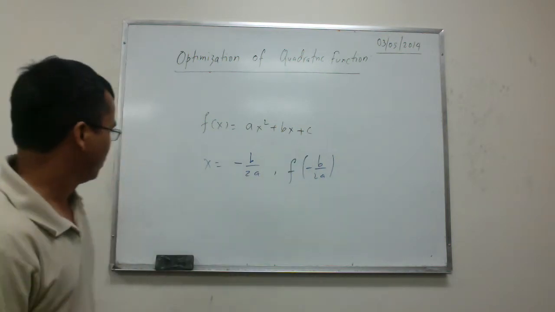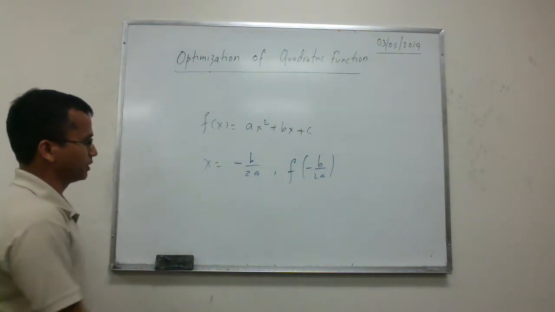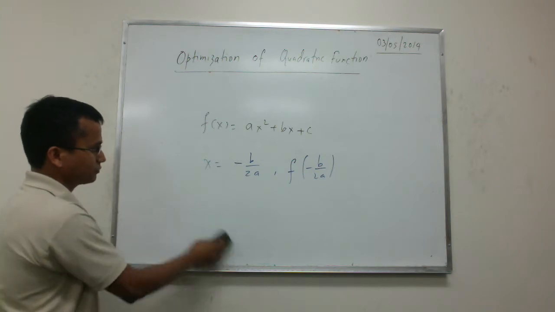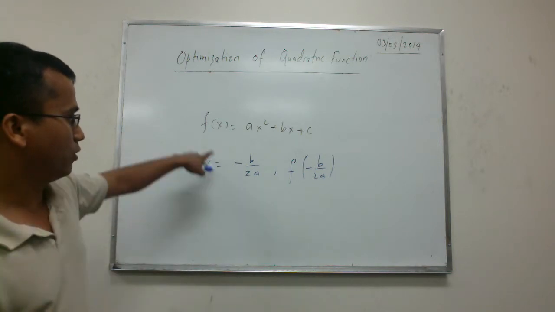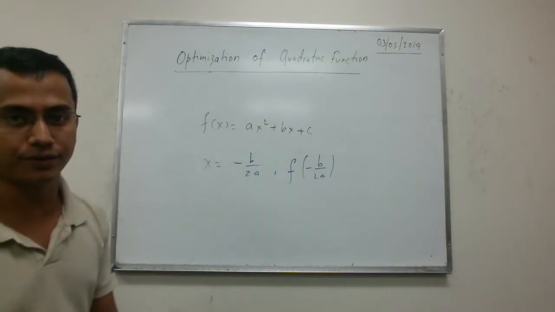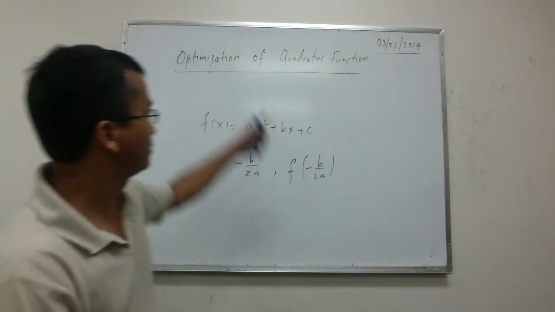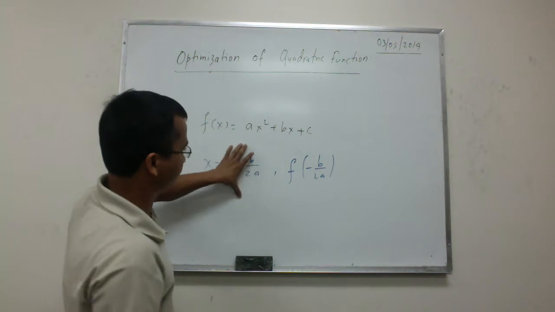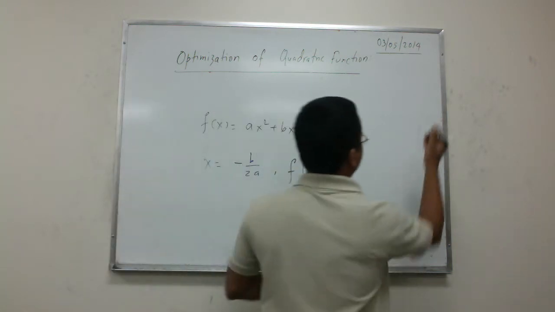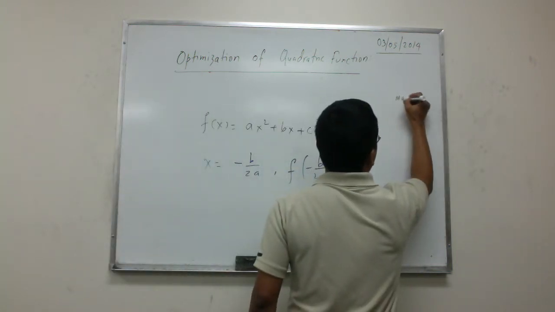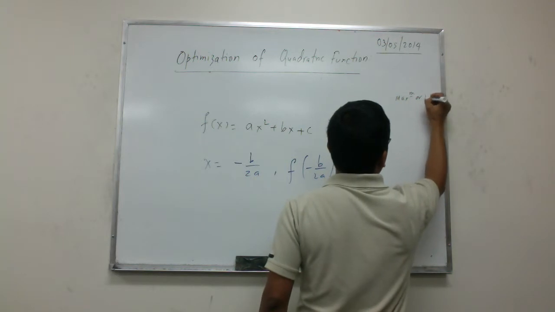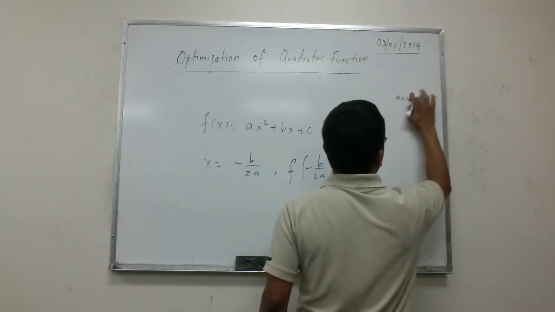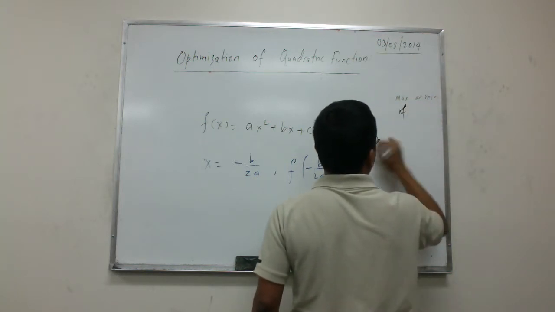Okay, so let me give you one example of where we are going to use this formula to optimize the quadratic function. So let's write down this formula here: maximum or minimum of quadratic function f of x.